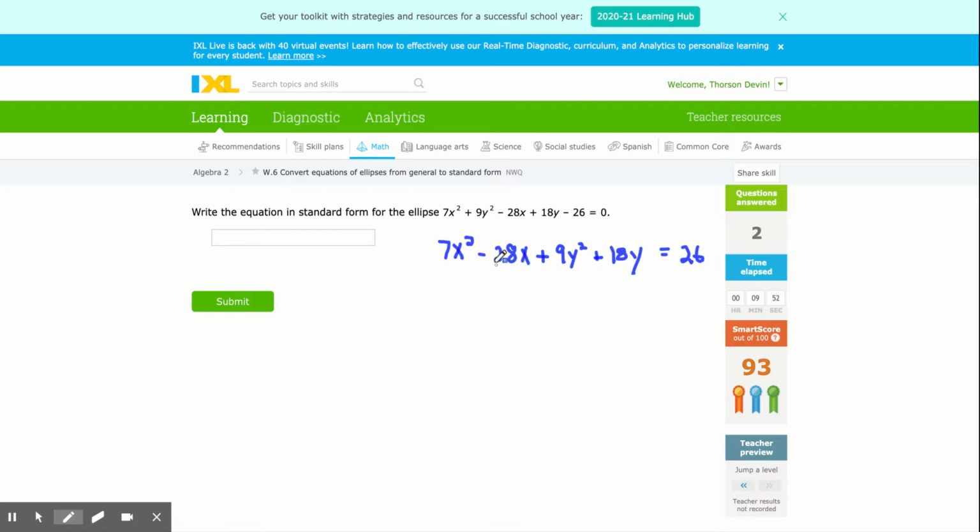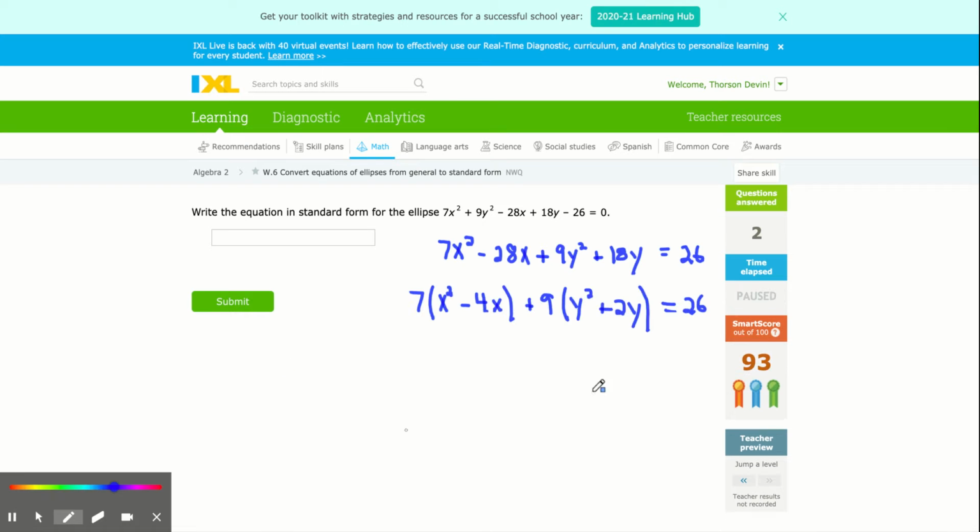So what I recommend is you factor out a 7 from the x terms and factor out a 9 from the y terms, and you'll get an expression that looks like this. Ta-da! So now, if you'll notice, all I did was factor the 7 away from the x squared, a 7 away from the 28, which leaves a 4, a 9 from the y squared, which leaves the y squared, and a 9 from the 18y.